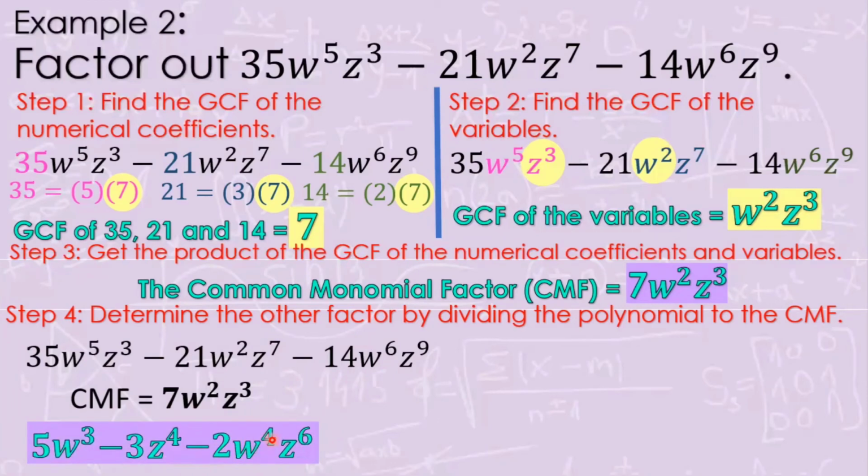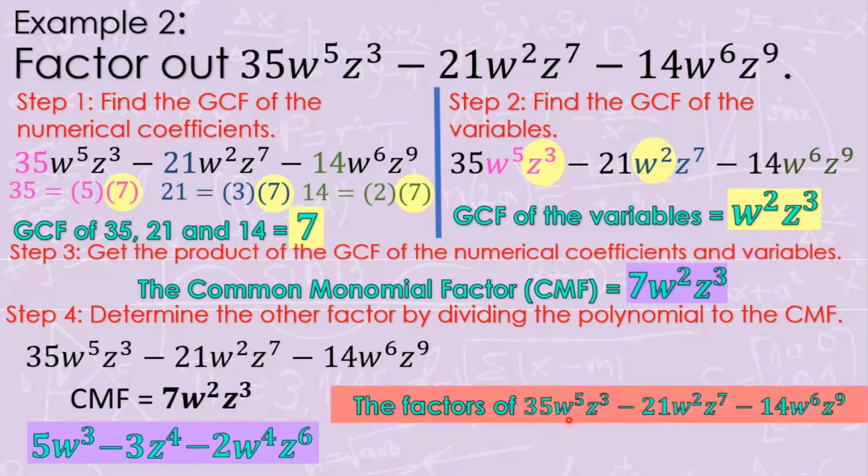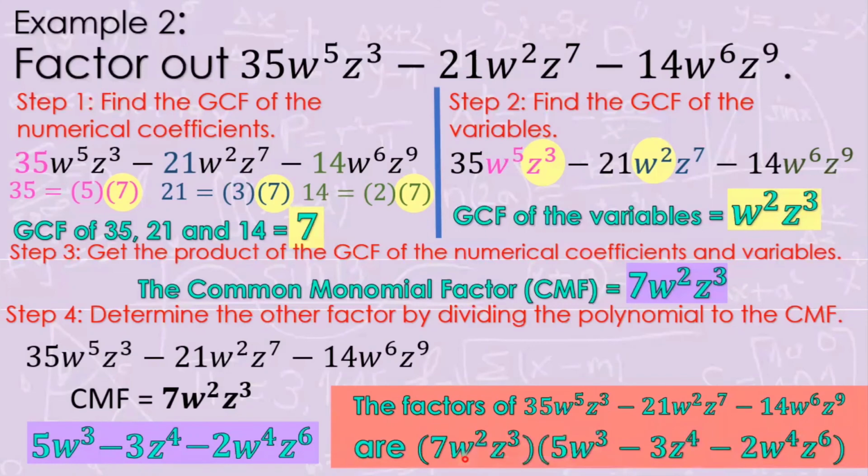Okay? Kasi diba sabi natin kanina, nung umpisa, ang factored form ng common monomial factor ay yung CMF times dun sa other factors. So, this time, ito yung CMF, ito yung other factor natin. So, the factors of 35 W to the 5th Z cubed minus 21 W squared Z to the 7th minus 14W to the 6th Z to the 9th are 7W squared Z cubed times 5W cubed minus 3Z to the 4th minus 2W to the 4th Z to the 6th.